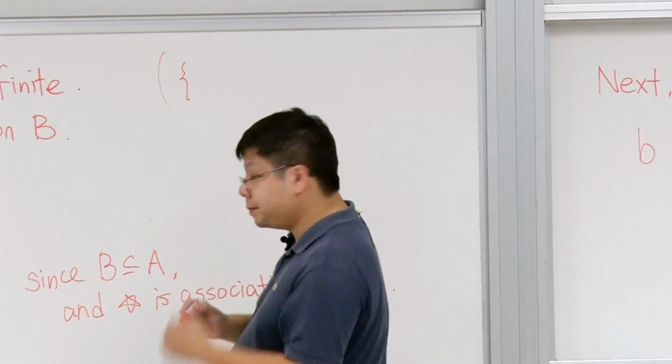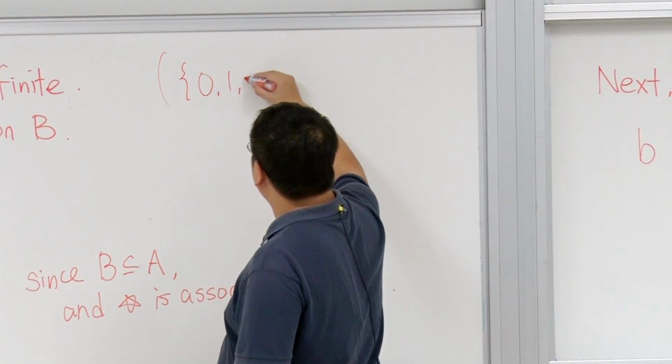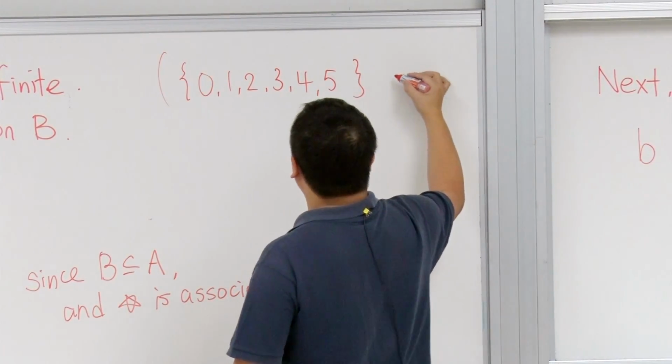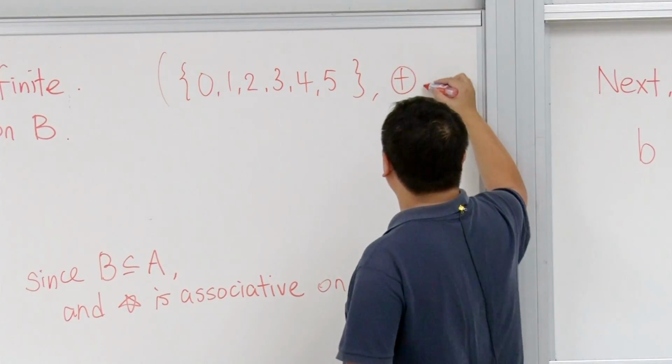Let's try 0, 1, 2, 3, 4, 5, and the operator is mod 6. Is that okay?